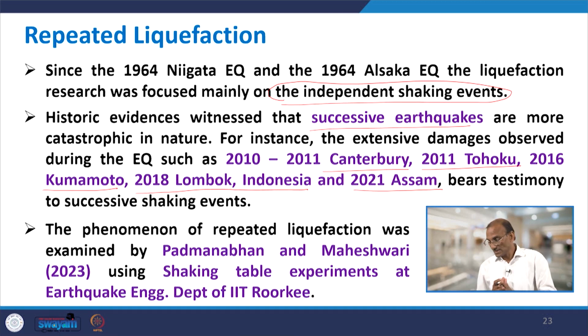There is clear evidence that the behavior of the soil will not be the same as under fresh shaking. If some soil has already gone through liquefaction, what happens in the next shaking, we are going to discuss.